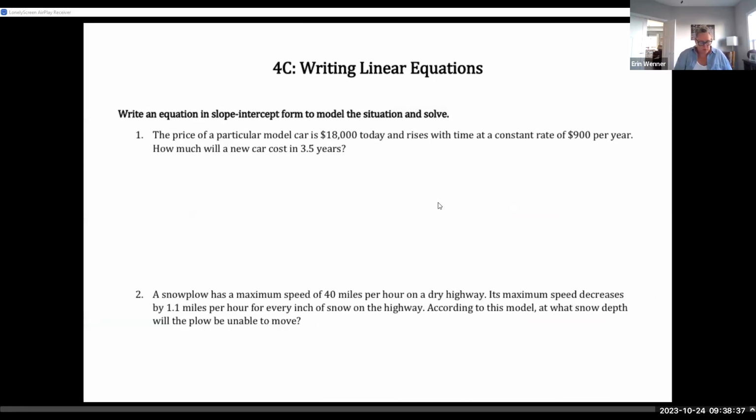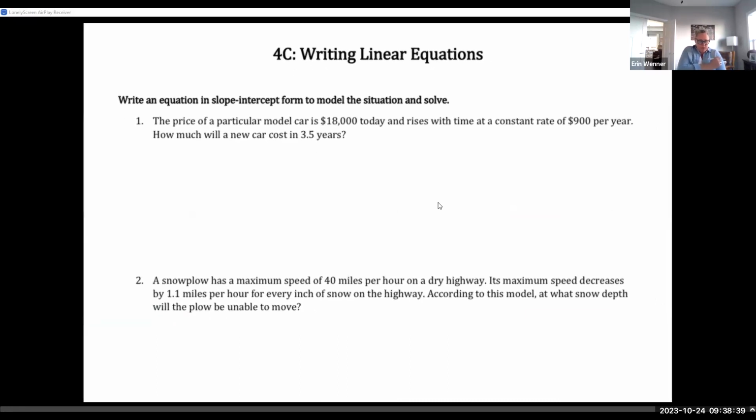All right, so 4C is writing linear equations. We're just going to continue with the idea of using slope-intercept form. It says write an equation in slope-intercept form to model the situation and then solve. So it's going to be y equals mx plus b.